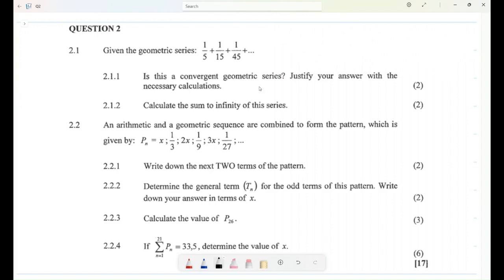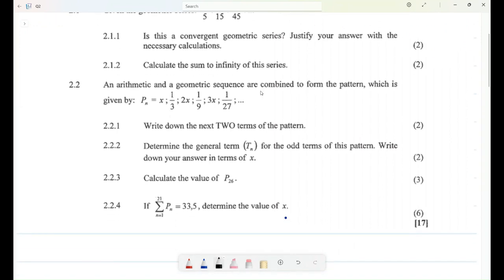Now 2.2 says an arithmetic and a geometric sequence are combined to form the pattern, which is given by P of n equal to the whole of that. So we are told that it is a combination of an arithmetic and a geometric sequence. Why?